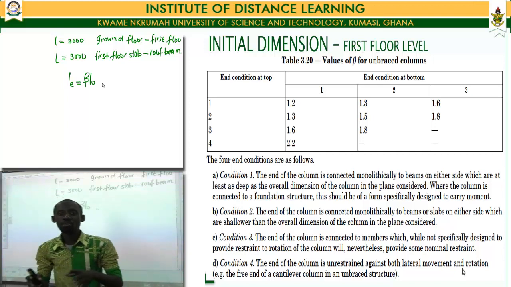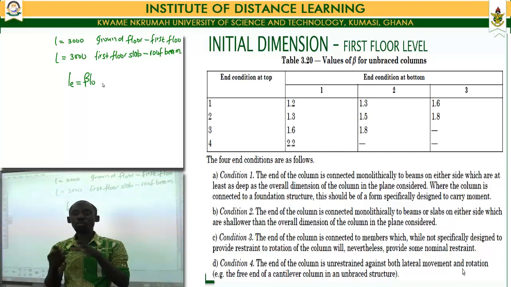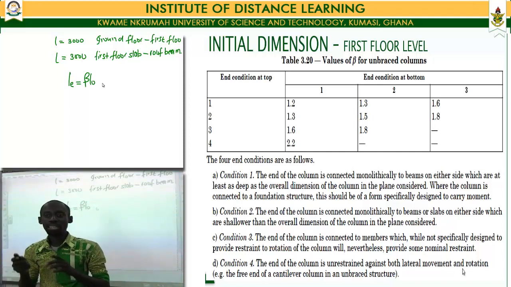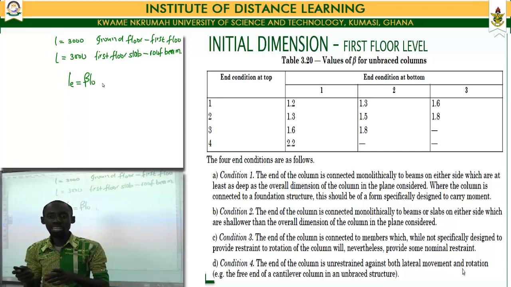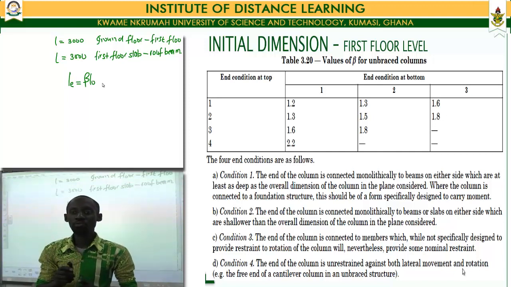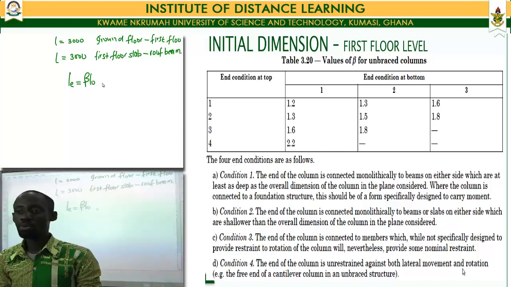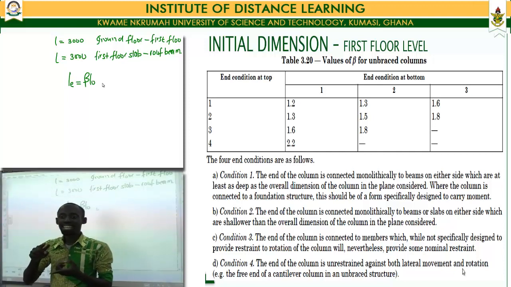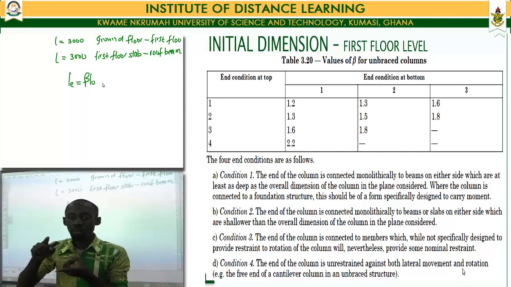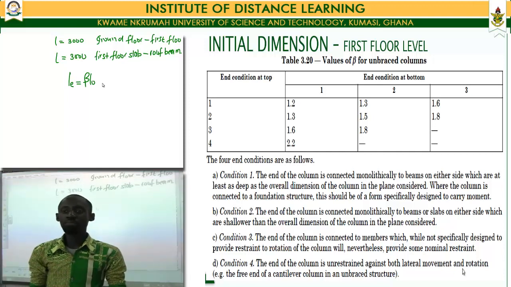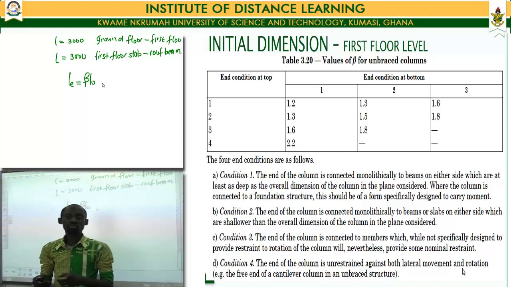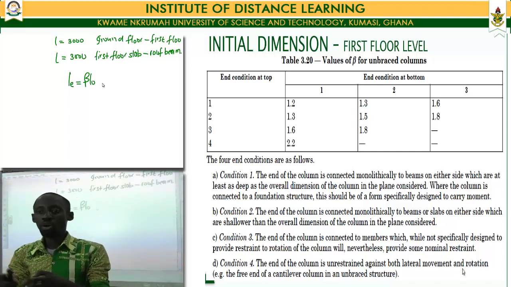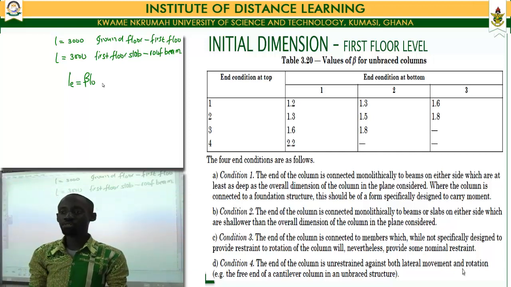The beam is at least as deep as the overall dimension of the column in the plane being considered. Meaning that in the particular plane being considered, the depth of the beam has a minimum value equal to the dimension of the column. It therefore stands to reason that the depth of the beam can either be equal to the dimension of the column or greater.